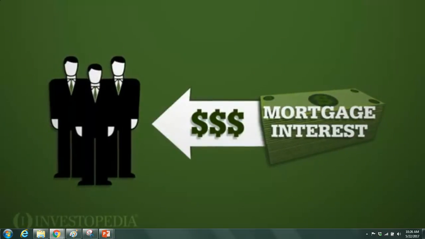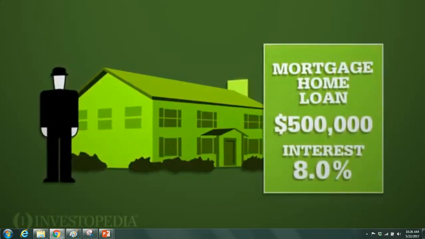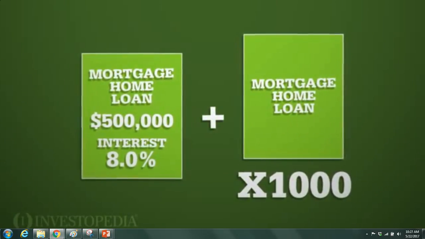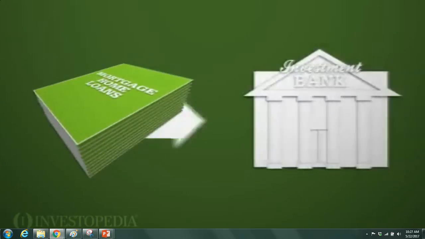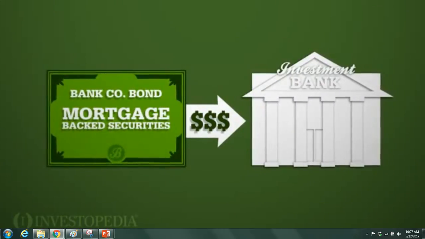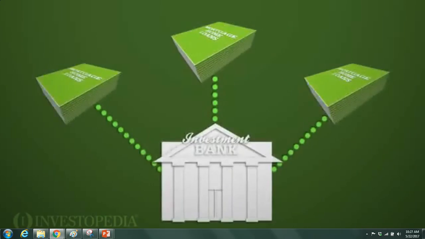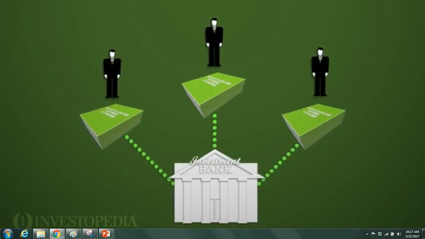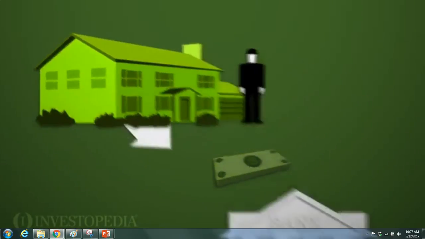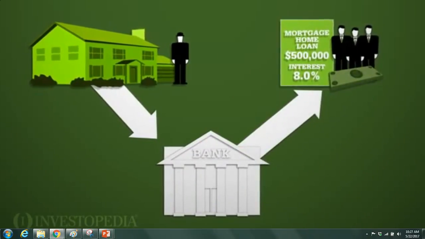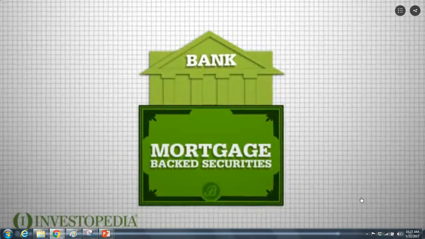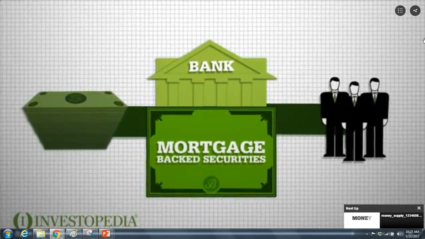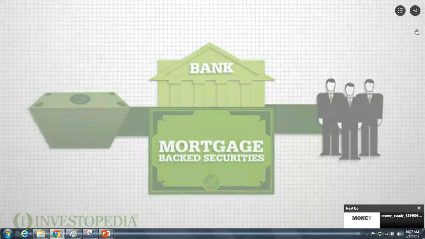In order to sell the interest streams to investors, the bank bundles Tony's loan together with hundreds, maybe even thousands of other mortgages. Then the bundle of mortgages is sold to an investment bank in the form of a single bond. The investment bank partitions the pool of loans according to quality and sells the sections to other investors. So although Tony makes payments to his bank, the loan is actually in the hands of investors. Mortgage-backed securities are essentially a way for banks to free up capital and provide a way for investors to buy into mortgages.